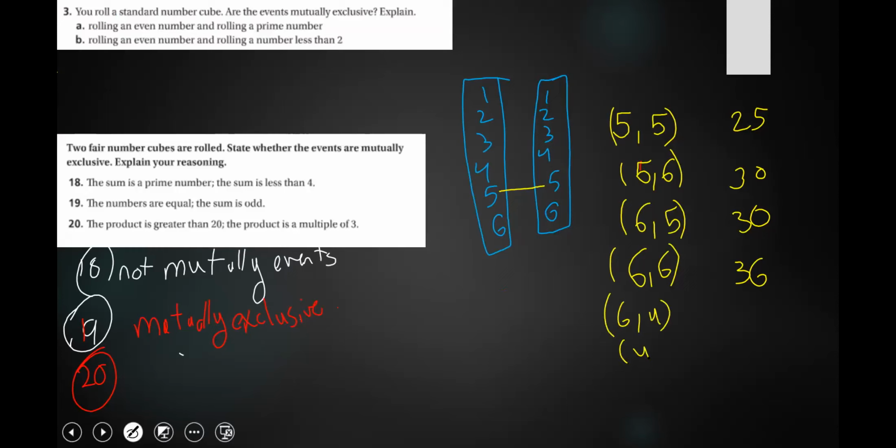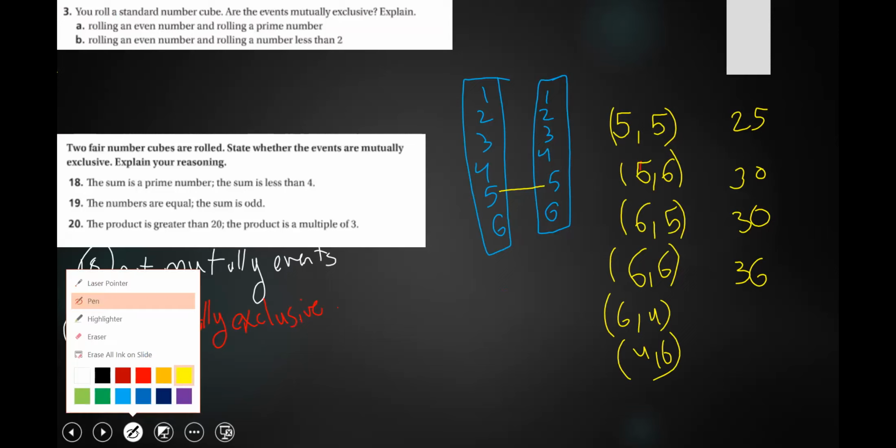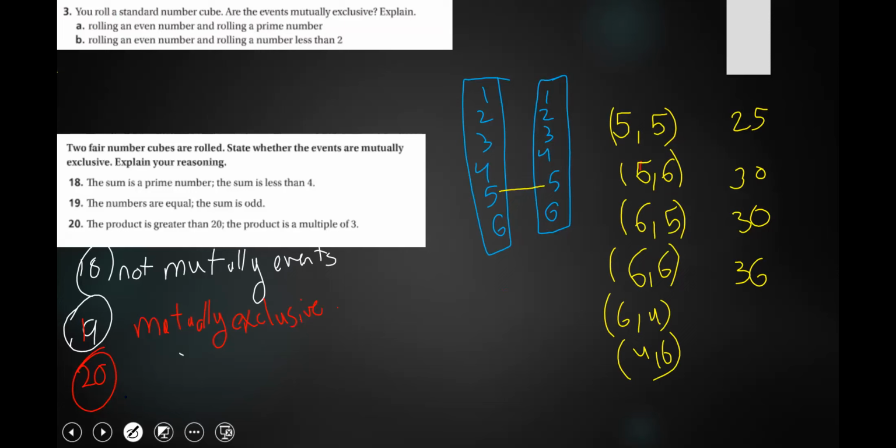A student asks whether we can say also 3 times 15, which is 45. From where do you get 15? We should choose only from these numbers. So here I have a product that is greater than 20, and the product is a multiple of 3. Yes, we have 30.